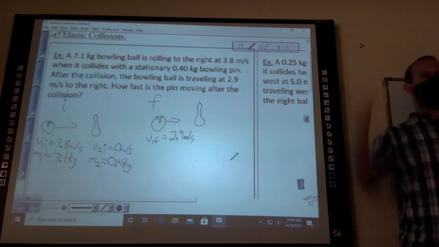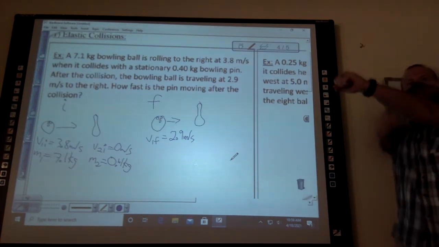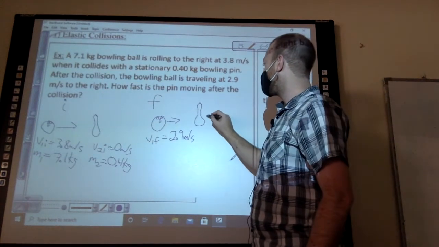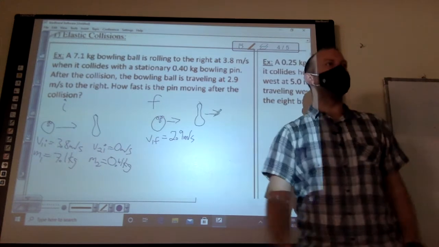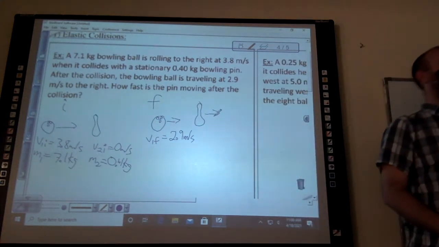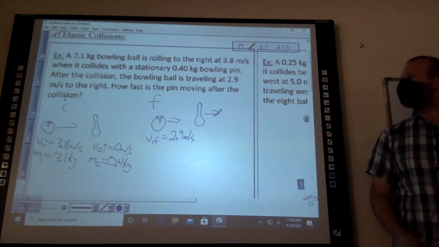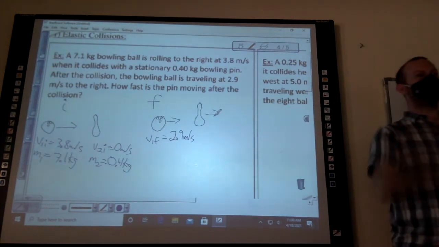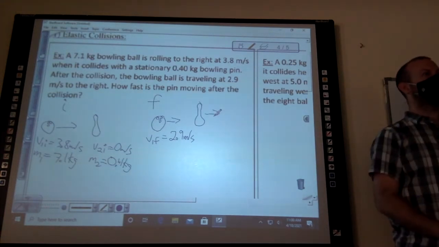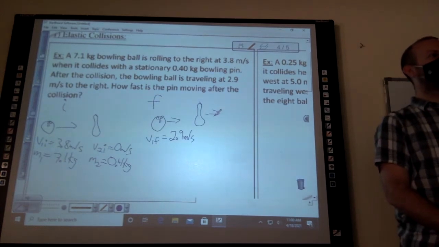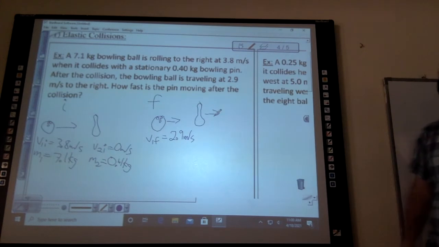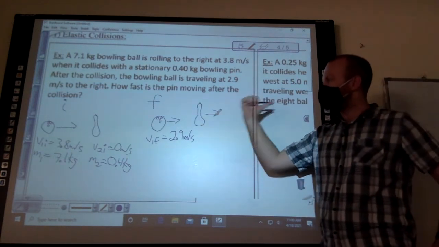Would it make sense for a bowling ball to hit something and then this one keeps going and this goes backwards? Have you ever gone bowling before? When you bowl the ball at the pins, do the pins come flying back at you? Well, it depends on if it hits on the side or on the front of it. But in all likelihood, it's going to go this way.